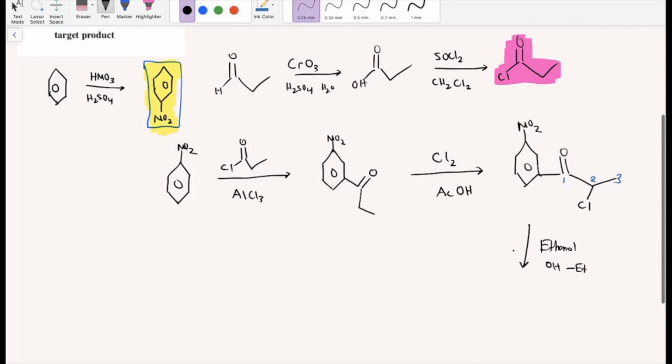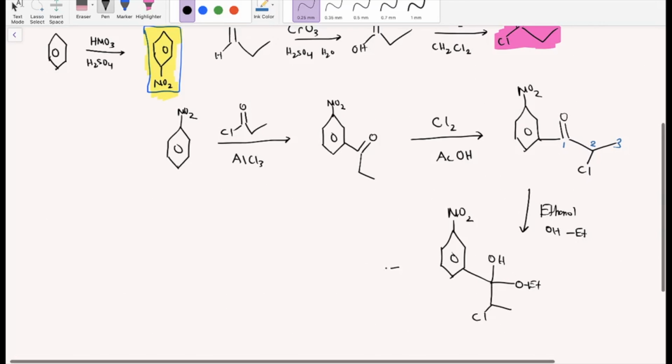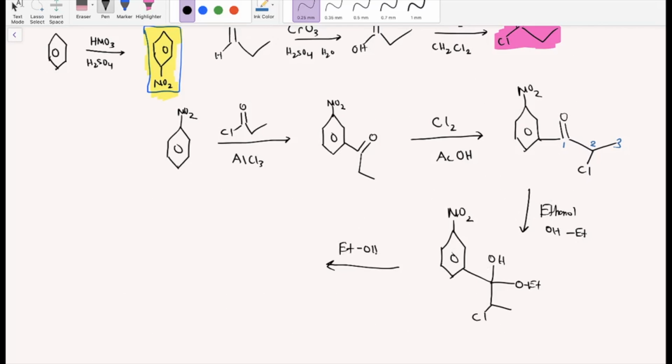I'm not going to go over the mechanism, but the first thing that's going to happen is this is going to happen. Then if we do one more round of that, I could have technically just gone straight to the answer, but I kind of want to show you what's really happening. If I do one more round of this, plus some acid, you always have to have some acid in there, H2SO4, I'm going to get this final product.